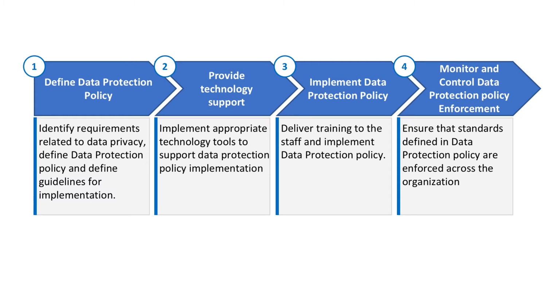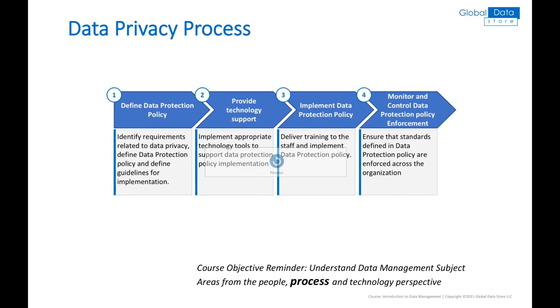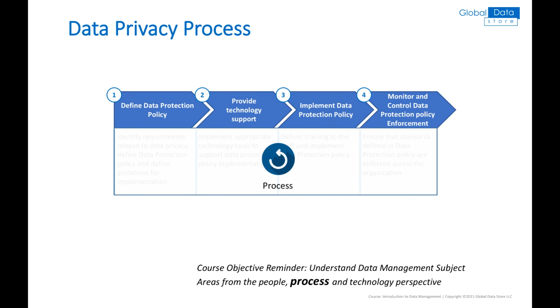The third activity includes implementation of data protection policy and appropriate training to the staff. Finally, the last activity ensures that standards defined in data protection policy are enforced across the organization. In reference to course objectives, this slide covers process aspect of data privacy capability.